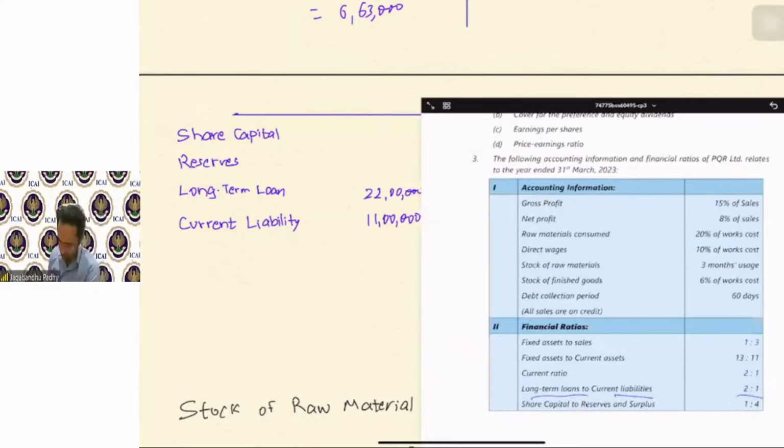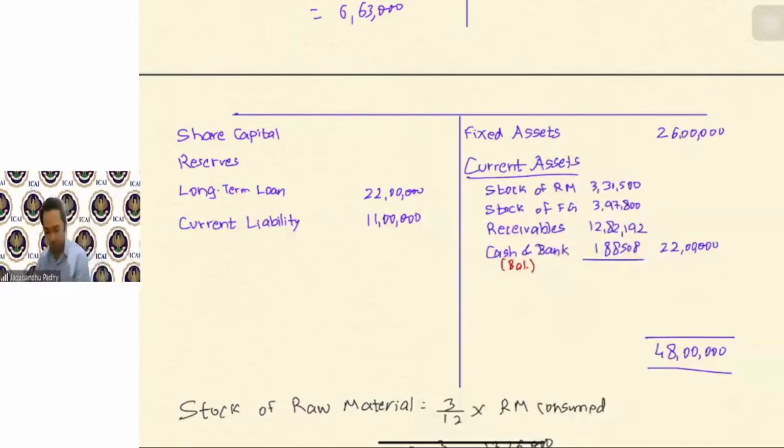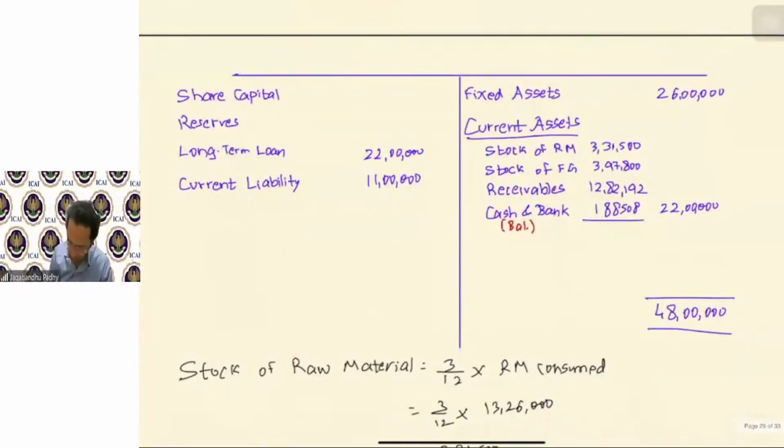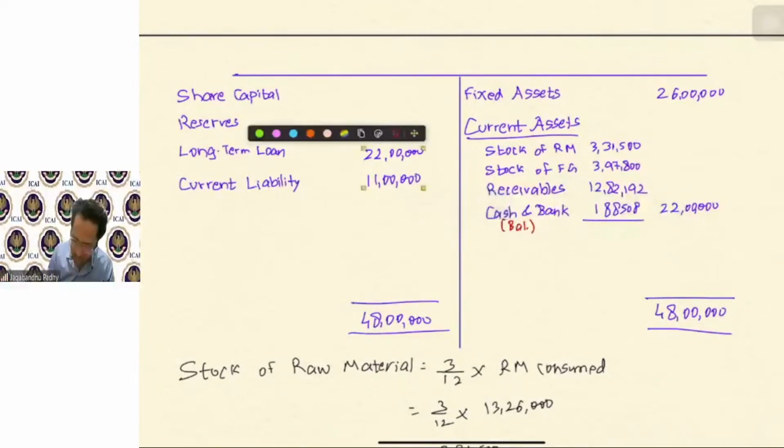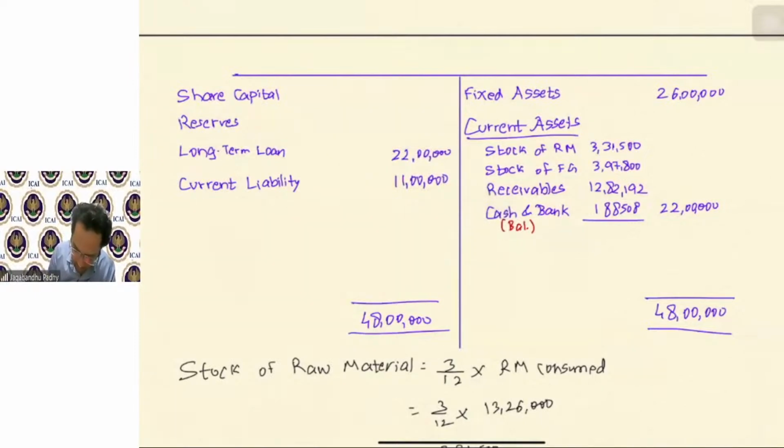Now, what is the other thing? Share capital to reserves and surplus is 1 is to 4. We know essentially the total of balance sheet should be 48 lakh itself. It means the total effect of share capital and reserves be 48 lakh minus 11 minus 22 is 15 lakh.